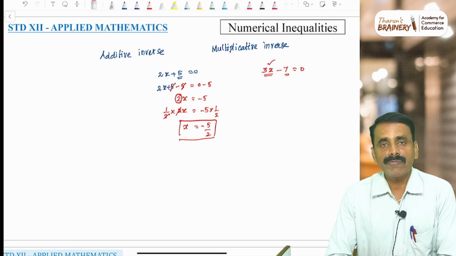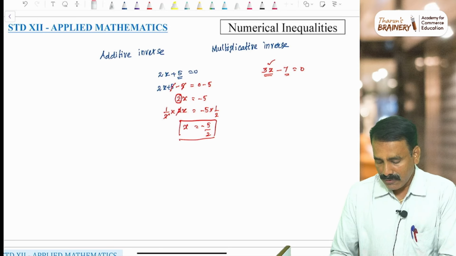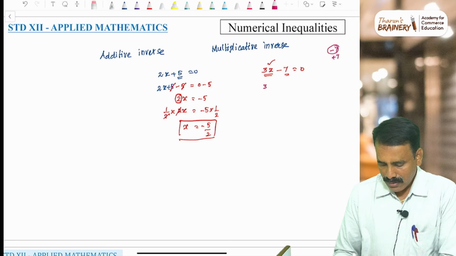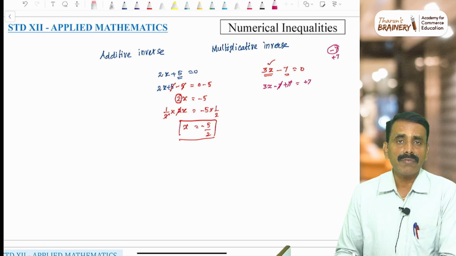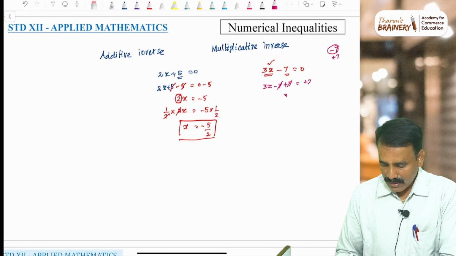What is the additive inverse of minus 7? It is the opposite sign of minus 7, which is plus 7. So in 3x minus 7, I add plus 7 on the left hand side and plus 7 on the right side. Minus 7 plus 7, inverses of each other, cancel. So we get 3x is equal to 7.